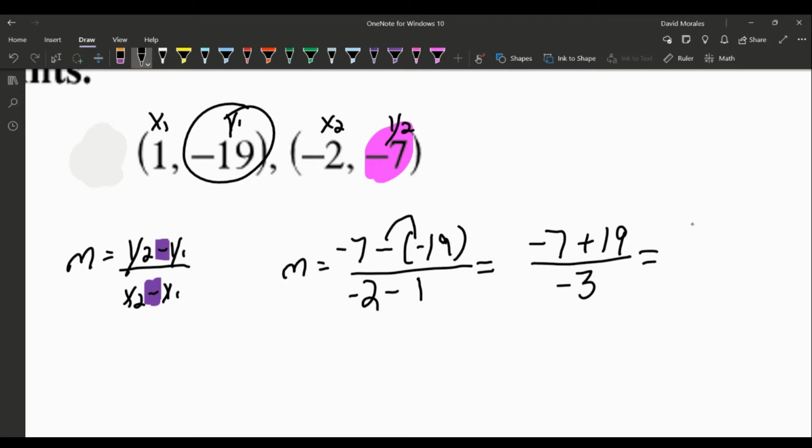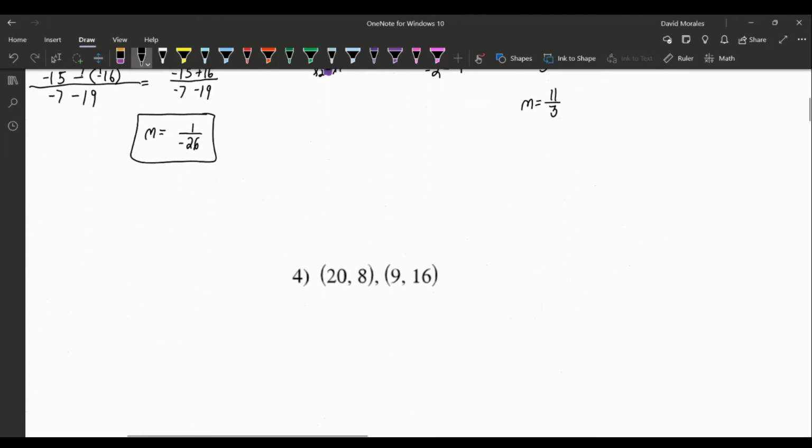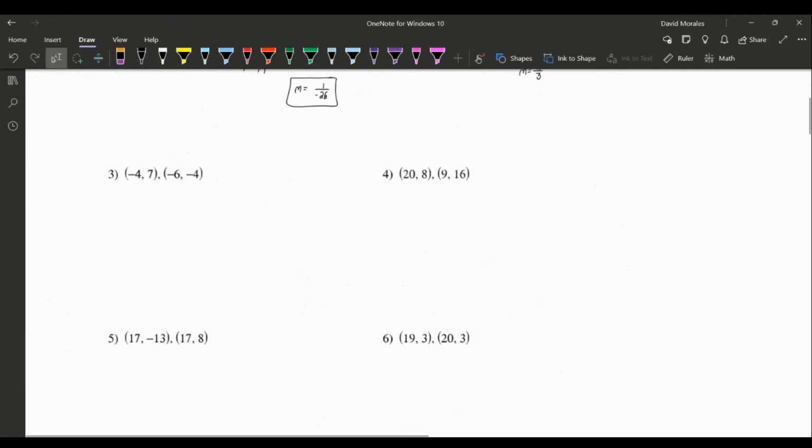And negative 7 plus 19 is 11 over 3. So your official answer is m equals 11 over 3. Okay. So go ahead and do one more problem.